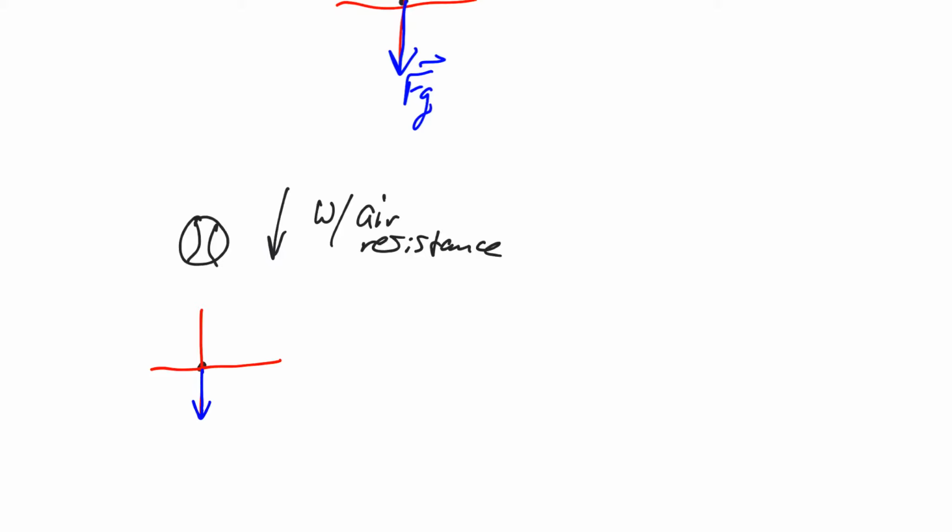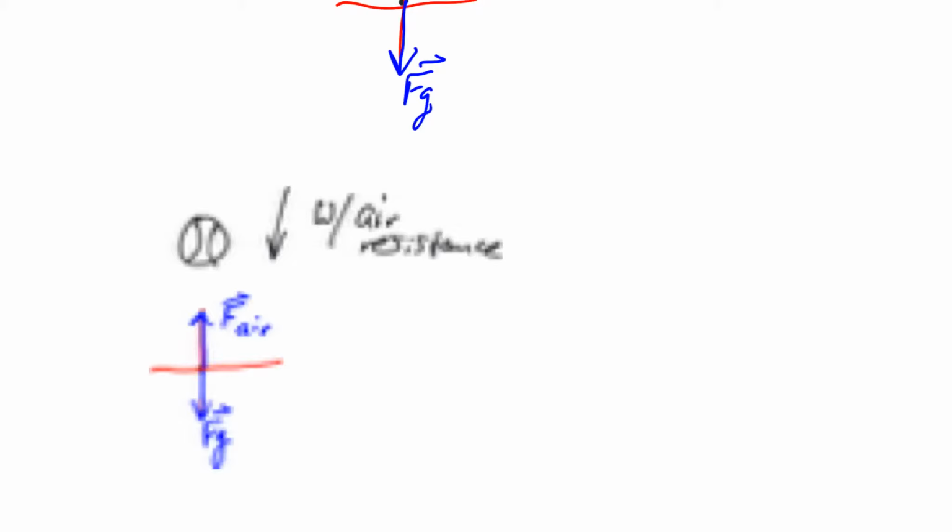Yeah, so we've got the force of gravity, and that acts straight down. Now, air resistance. You can think of air resistance like friction, but in the y-axis. So if the ball is falling down, which way would air resistance be acting? Hopefully you said up. So we would have air resistance pointing in this direction, upward.